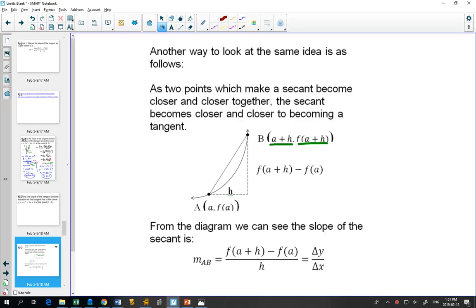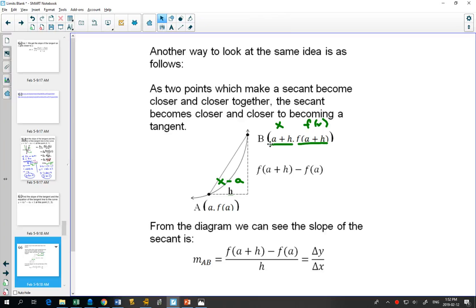Before, we had x and f of x, and we called this x minus a. Now we're defining this to be h as an actual length, and then this point would be a. This x coordinate is h to the right, so it would be a plus h. And my y value is now f of a plus h.